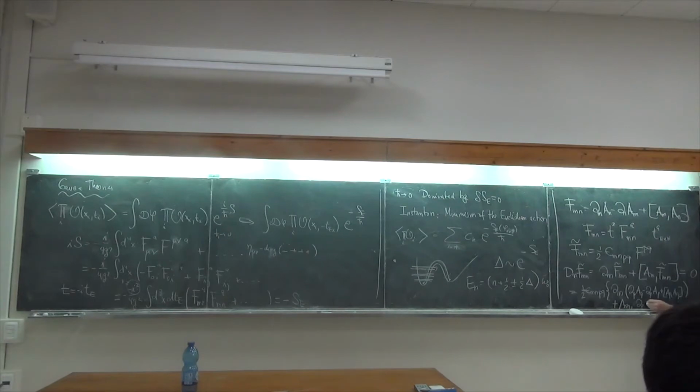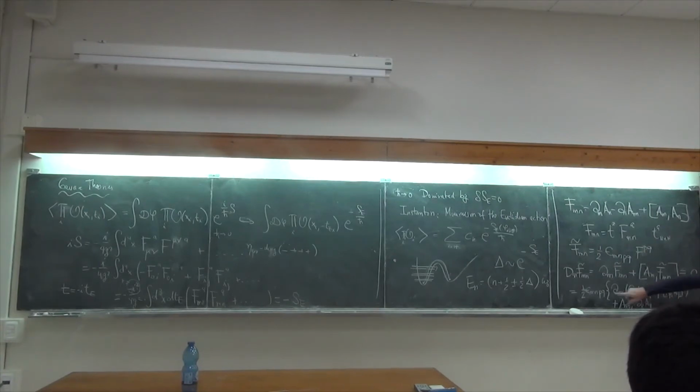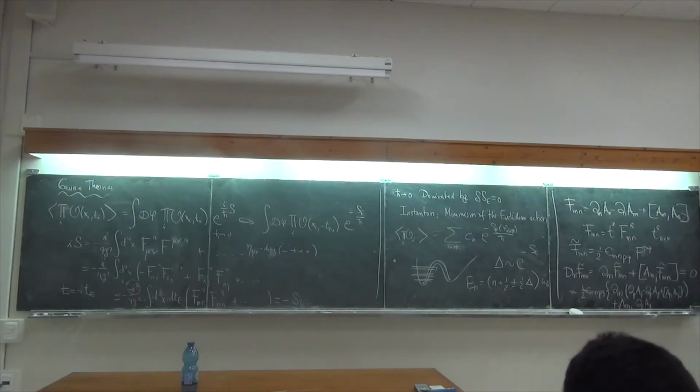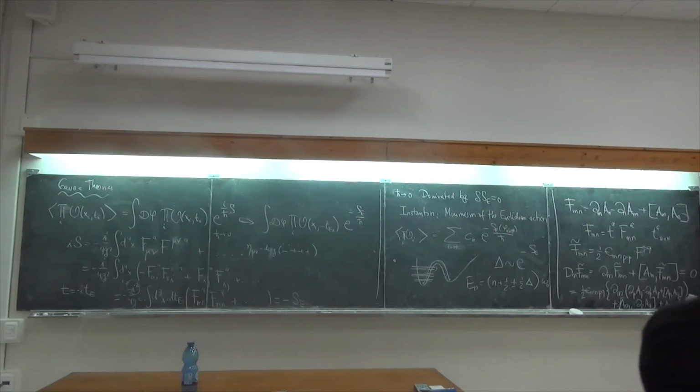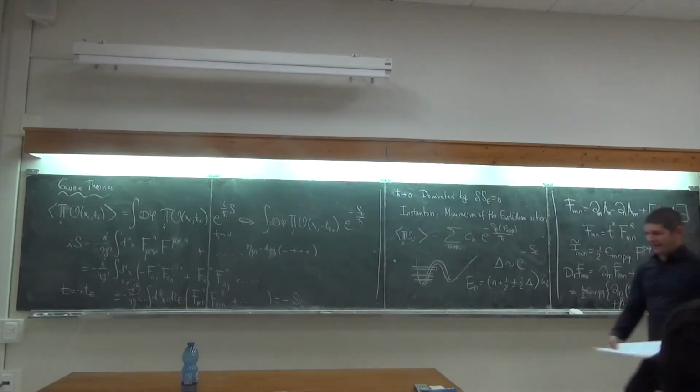Okay, let me make it simple. This is antisymmetric, but there is also an antisymmetric epsilon here. Therefore, I can factor a 2 in front, the commutator, and you also have the commutator of A_m with A_p A_q. Okay. Now you can see that all terms cancel.